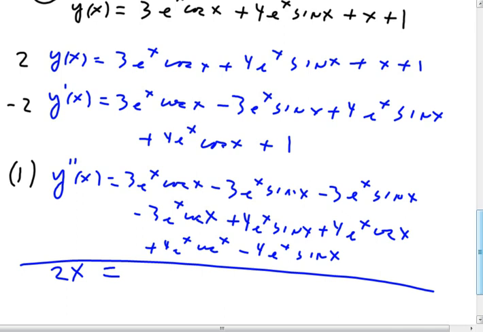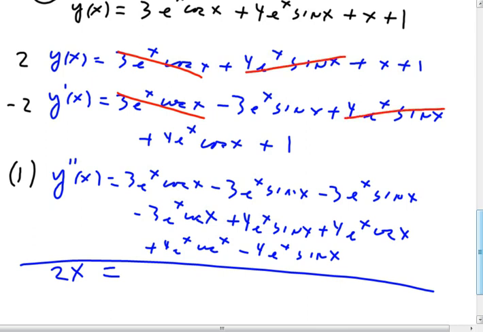So I got 6 cosine, I got minus 6 cosine. I got 8 sine, I got minus 8 sine.